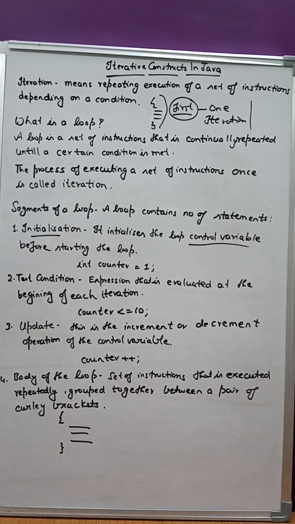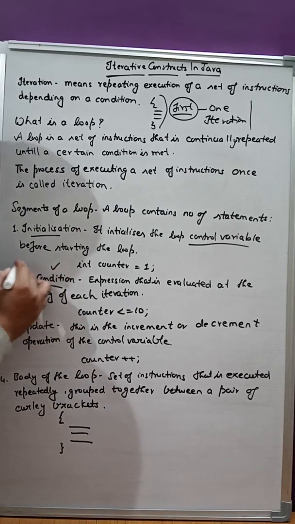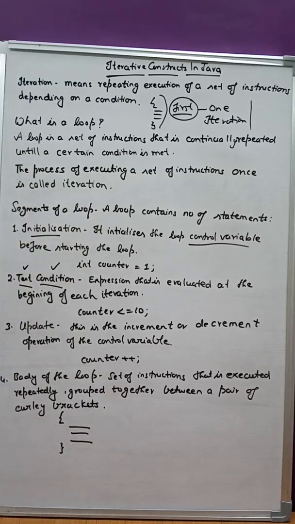The second segment of the loop is the test condition. The name itself says that a condition has to be tested each time. If you have to run the loop, the execution of the set of instructions will depend upon the condition. If that condition is right or wrong, based on that some instructions are executed or not executed.